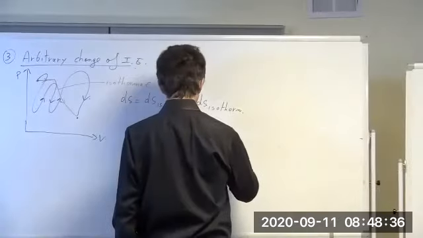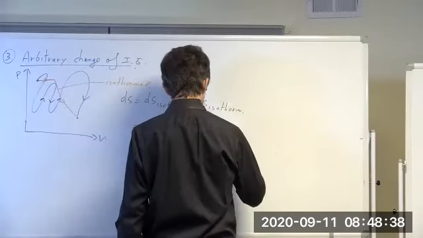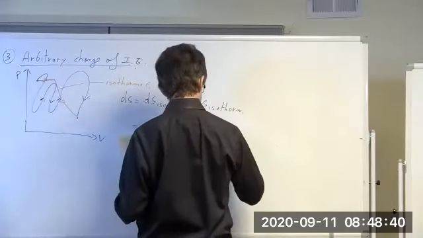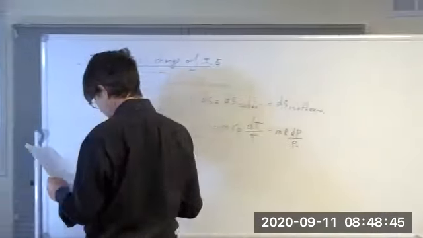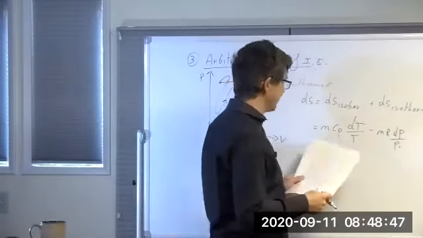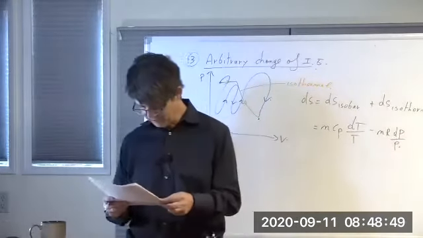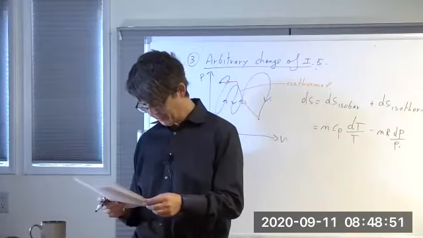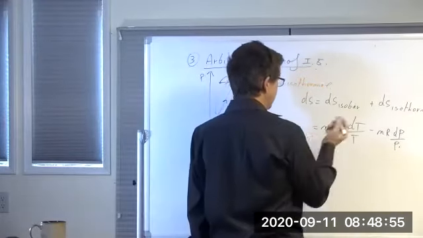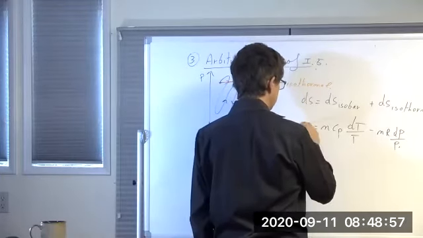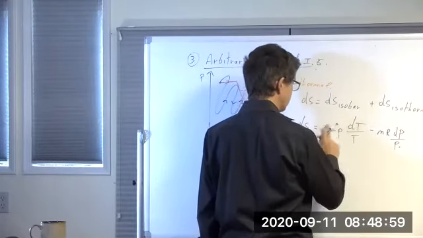So that's minus R dp over p. And since you are not undergraduates, I don't have to tell you how to integrate dT over T. And let's get rid of the n, right? Let's do this per mole.